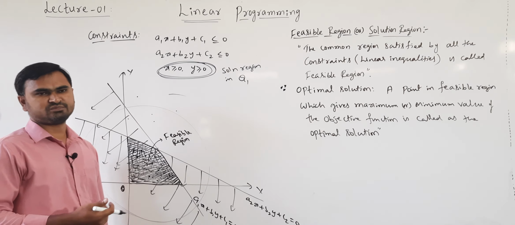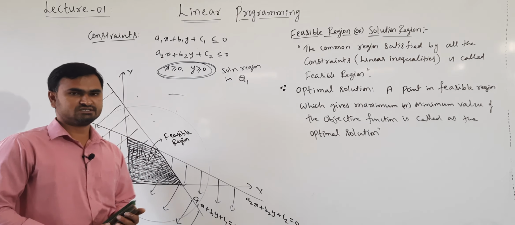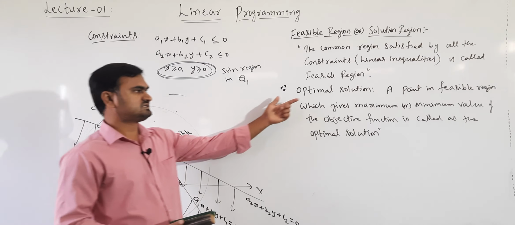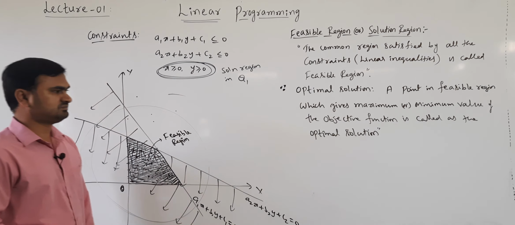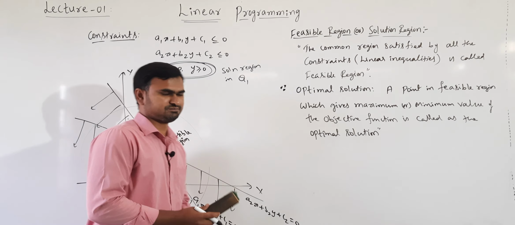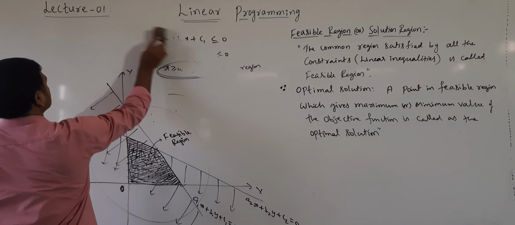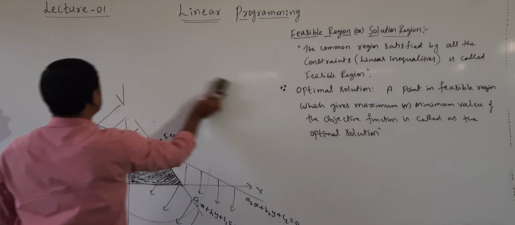So there is a theorem called the corner point theorem. Using this corner point theorem, we can find the optimal solution. First we will go through that theorem, then we will see how to find the optimal solution.